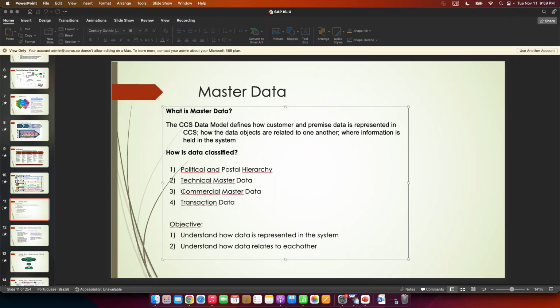Now, what are the components we have in that, or how elaborately are we going to maintain your address in SAP?